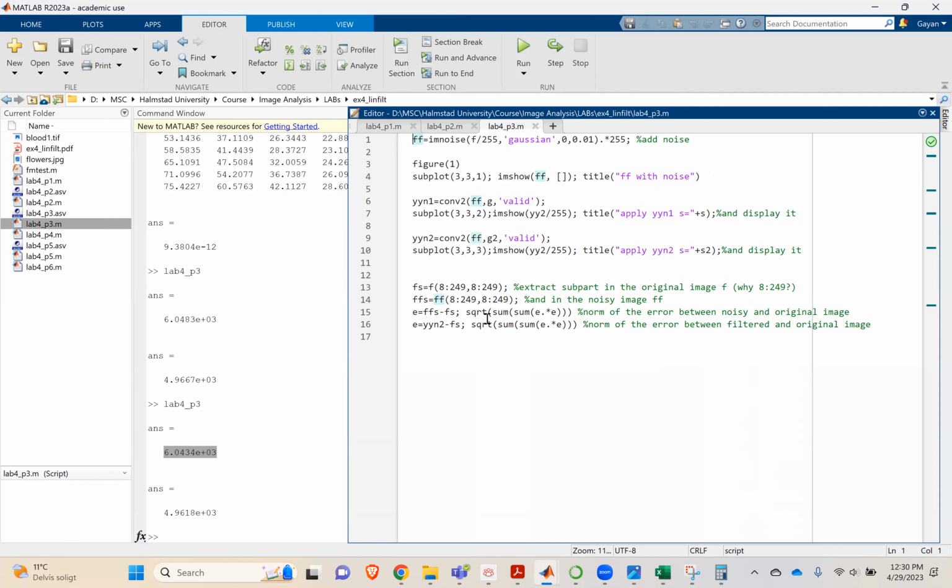We calculate the norm of the original image without doing anything, and we compare the norm with the noise image. So we get a higher value, even though on the second one the image is blurred, when we compute the norm, it is lower. So in computers, noise is far worse than blur.